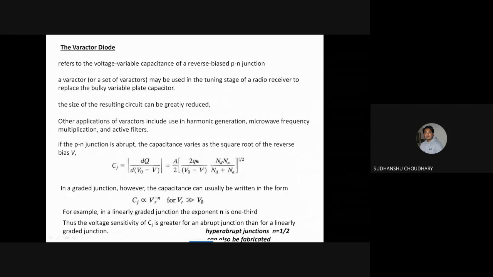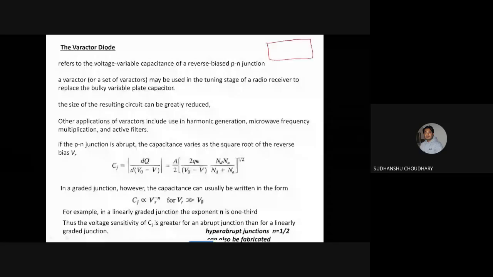Now let us come back again to the junction capacitance, that is, depletion capacitance. While reading the depletion capacitance, we commented that it depends upon the applied reverse bias, the amount of applied reverse bias. This actually decides the depletion capacitance, because with increase in reverse bias, the width also increases and the depletion capacitance reduces.